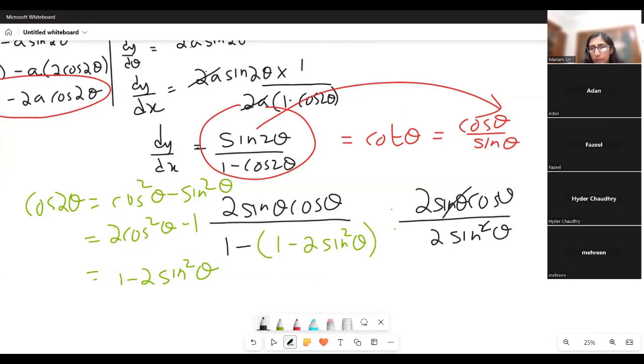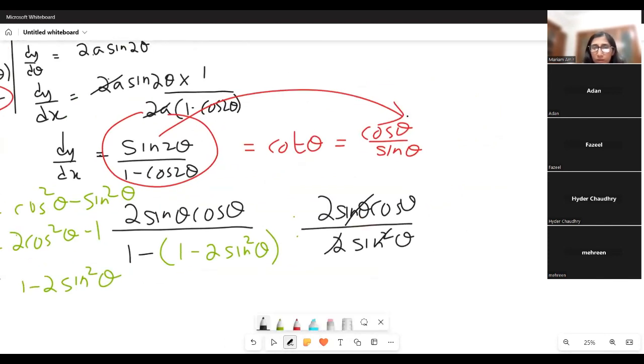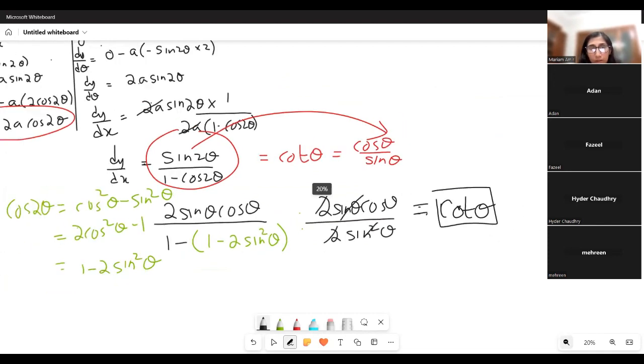So the sine theta and sine square cancel, the 2 also cancels, so cos over sine is cot theta. So we've shown the required identity, proved the required identity.